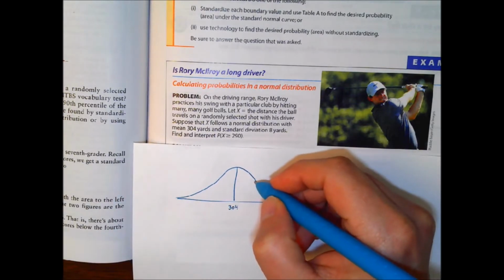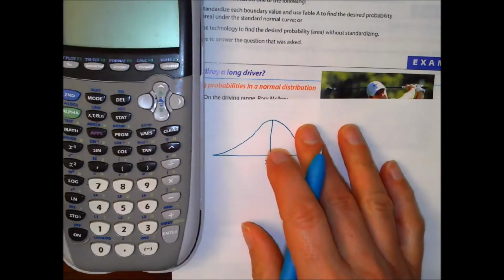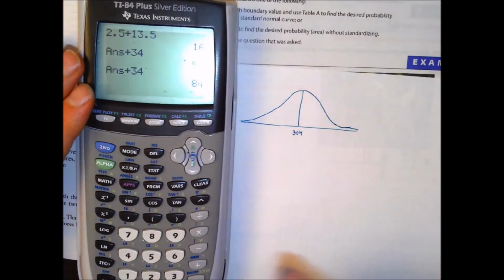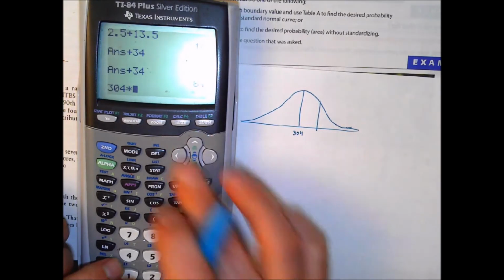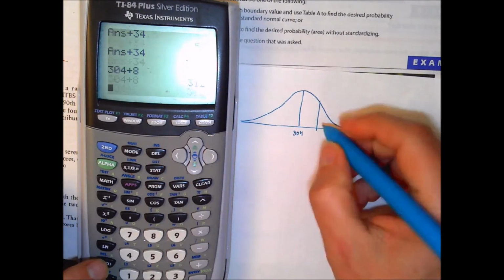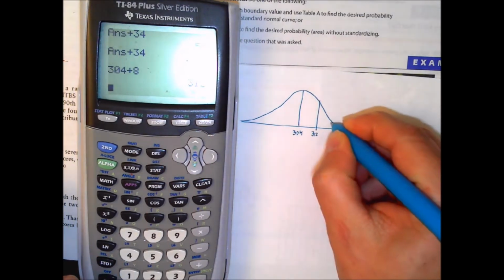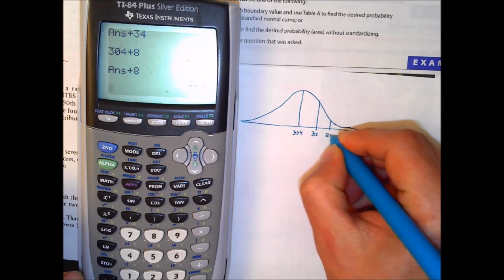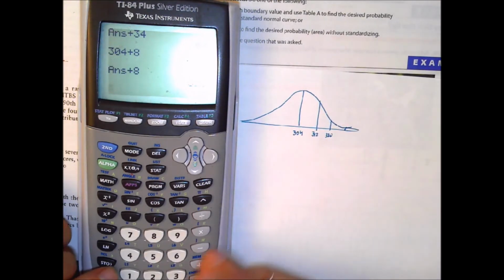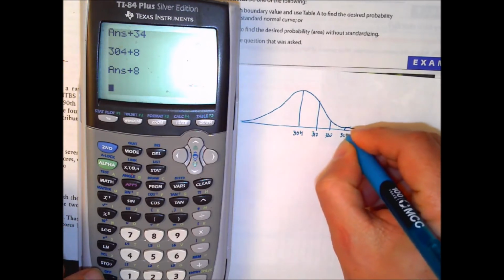If you remember how we set this up, the 304, if I go one standard deviation away, I add 8, which is 312. Two standard deviations away, I add another 8, which is 320, and 3 standard deviations away, add another 8, I get 328.